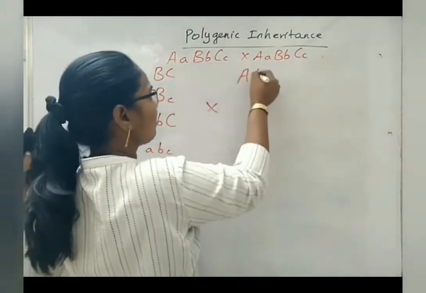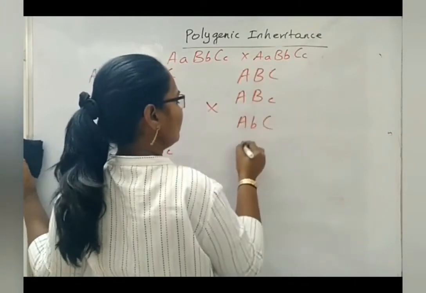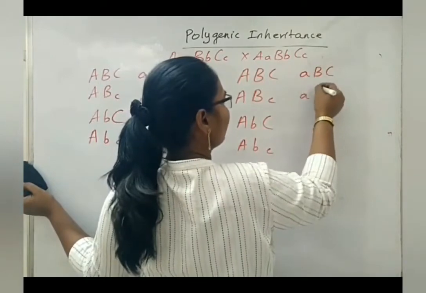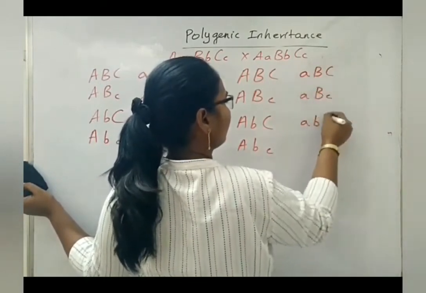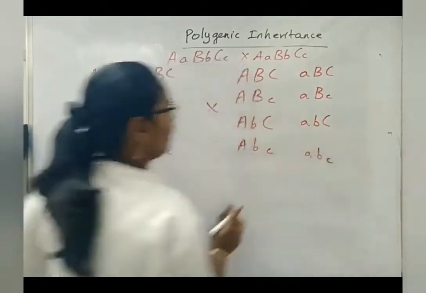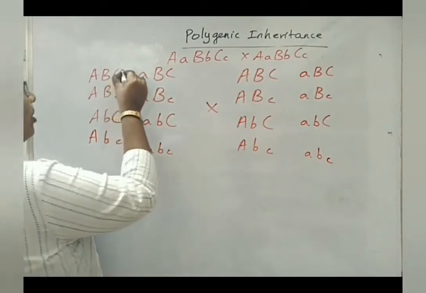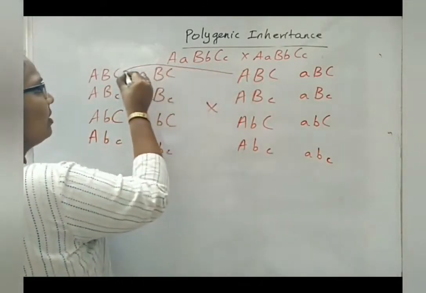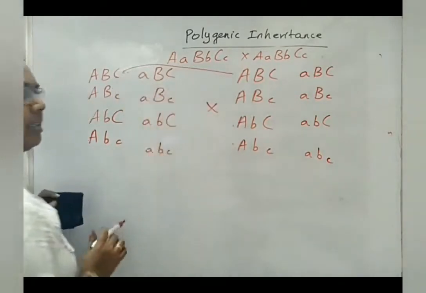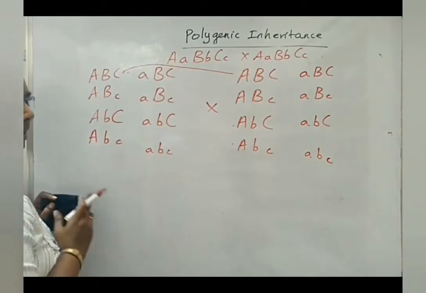So when we cross such types of gametes, we cross this one with this one, like that. Separately we will try to cross so that we see what type of offsprings we are getting.